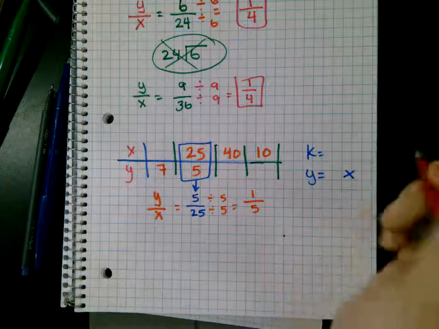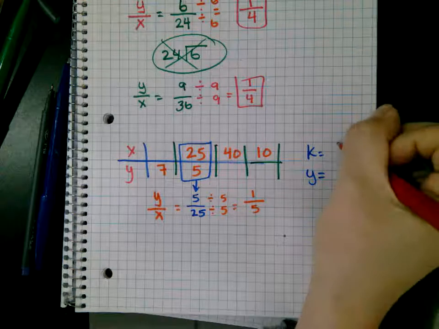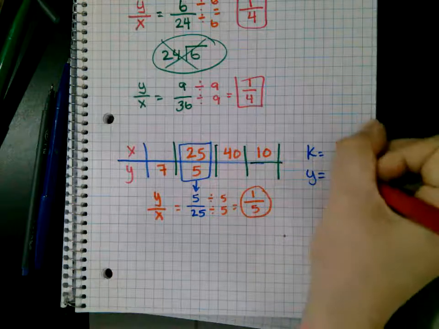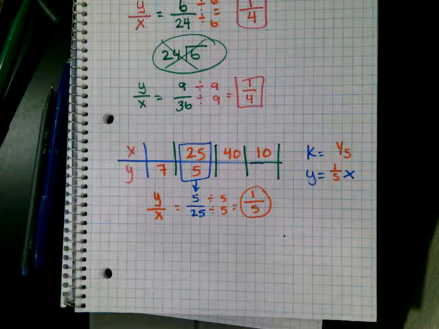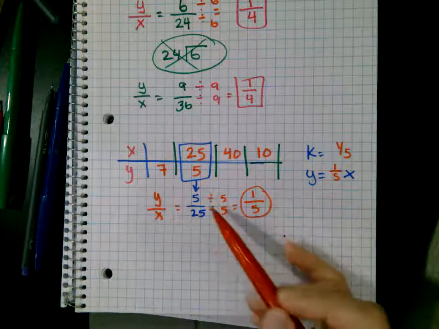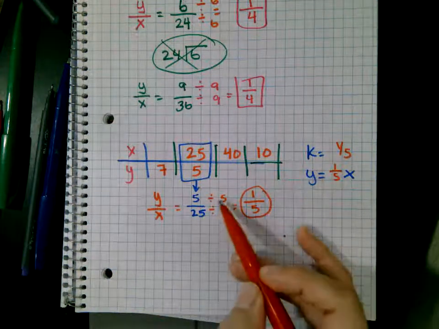So that means my constant of proportionality is 1/5. Y equals 1/5 X.